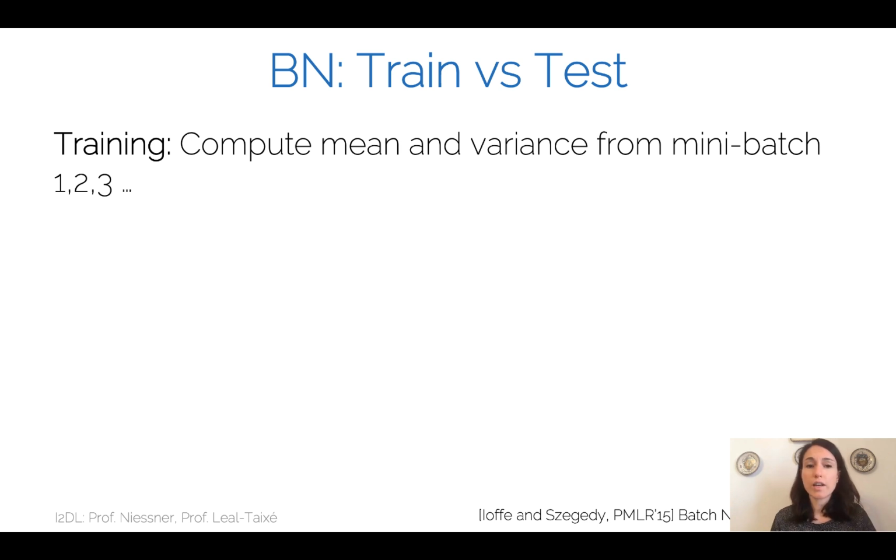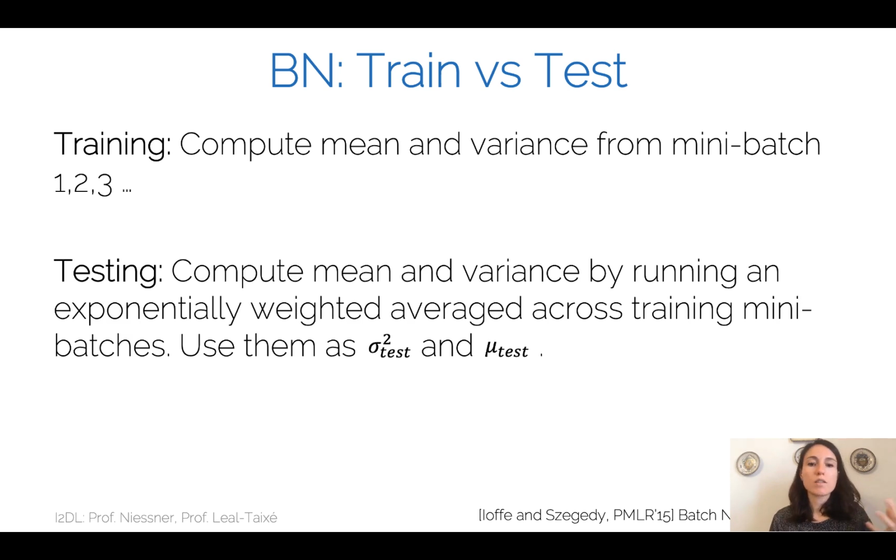Well, during training, again, what you do is you compute the mean and the variance from all the mini batches, and you store these values. Now, what's going to happen at test time is that you're going to run an exponentially weighted average across the training mini batches, and you're going to use these values for test time.